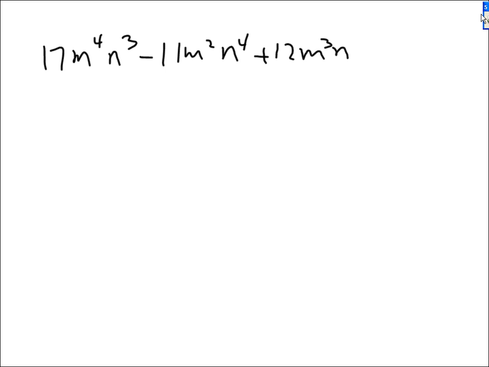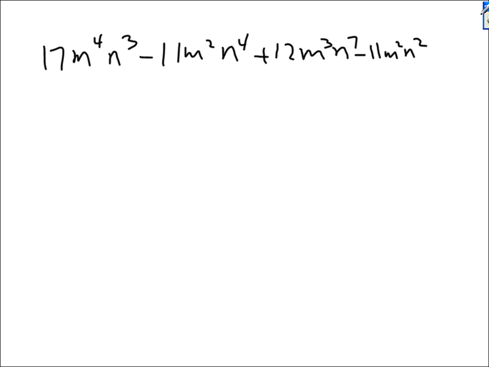Let's try another one. This one will be a little bit harder, but not much. Suppose you have 17 m to the 4 n cubed. And you're taking away 11m squared n to the 4th. And you're adding 12m cubed n to the 7th. And you're taking away 11m squared n squared.